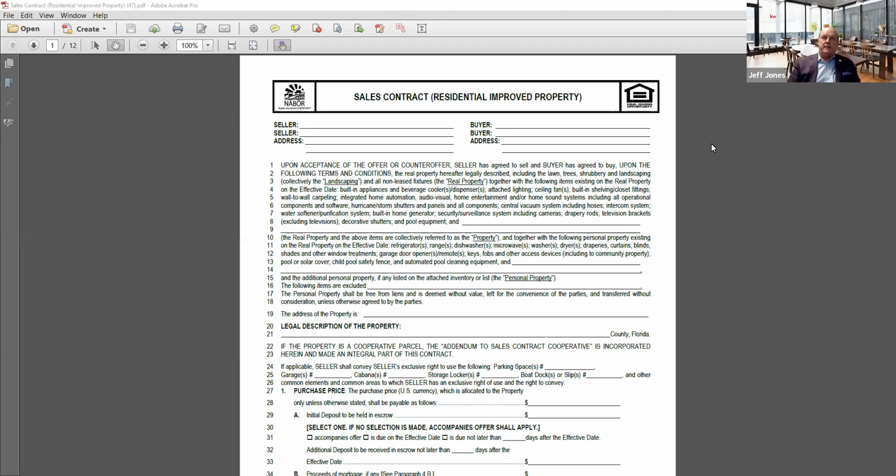Notice when we talked last week about the listing contract, you did not always have to have everybody sign the listing contract, but note that the person or persons that sign the listing contract are responsible for paying your brokerage commission on the sale. But in the case of the sales contract, if it's not signed by all the parties, it's not considered valid. So you could lose a contract by not having all the owners agree to sell the property.